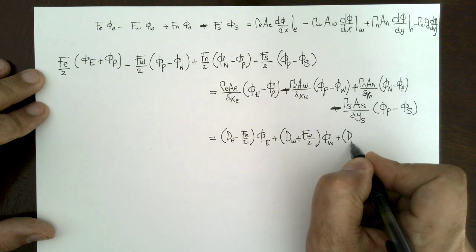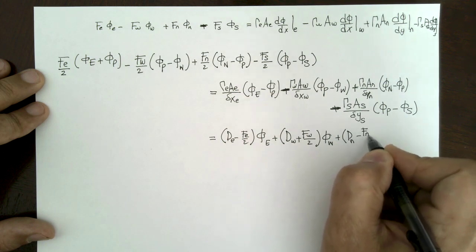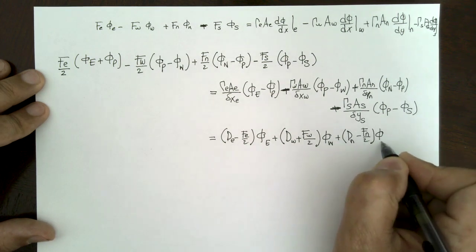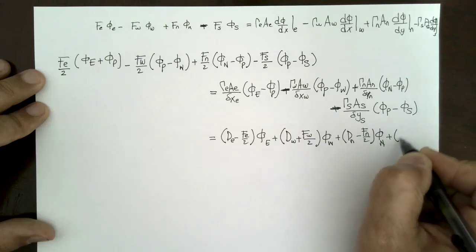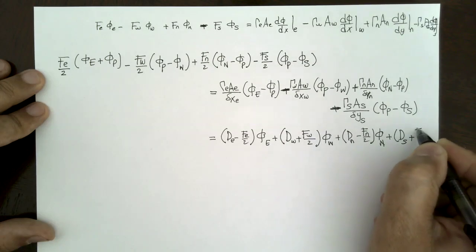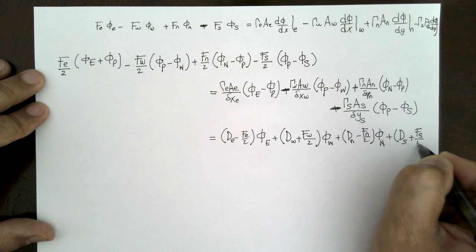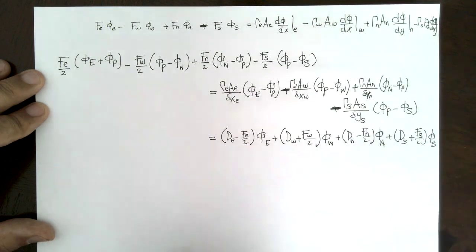d north minus f north over 2 phi north, plus d south plus f south over 2 phi south.